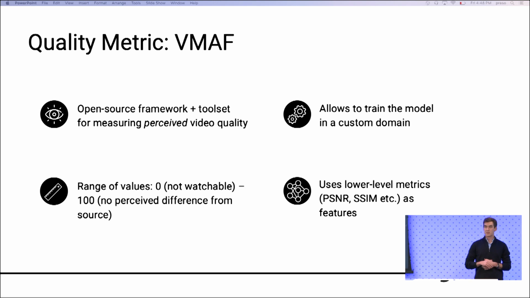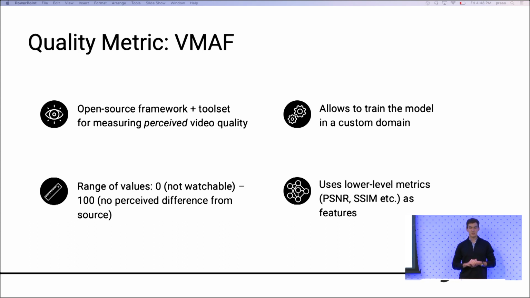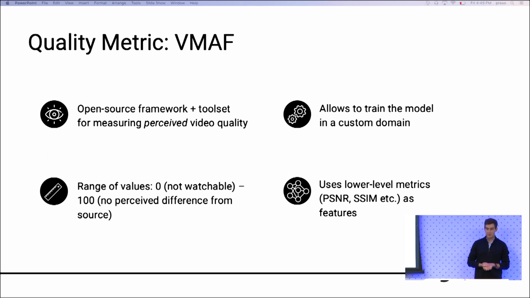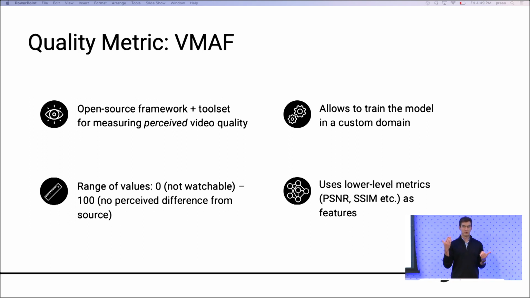So a little bit about quality. We decided to adopt this framework called VMAF, developed by Netflix. It's a framework that allows you to tie the output of the encoder to actual human perception. The way it works is that they use multiple low-level metrics such as PSNR, SSIM, etc., as features to train a model that uses a data set labeled by actual humans to predict how a human would react to a video and how distorted the human would believe the encoded video to be versus the original.